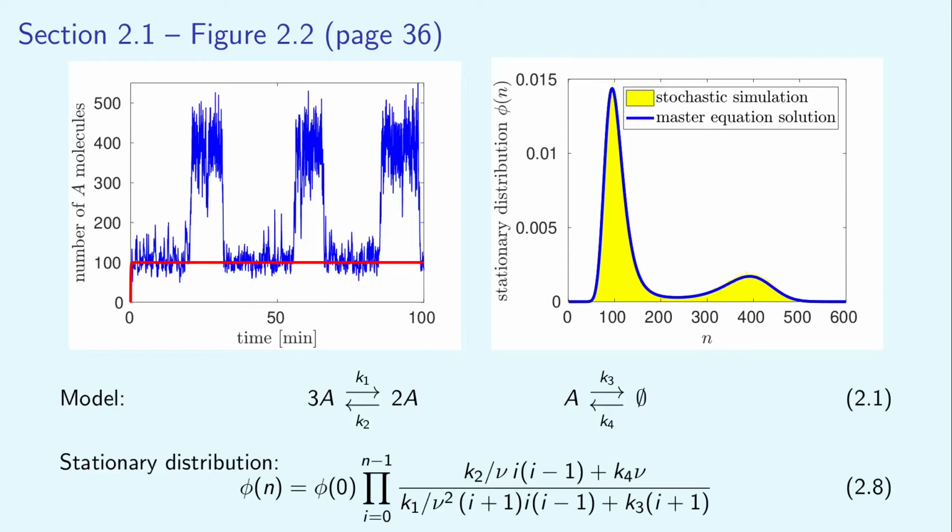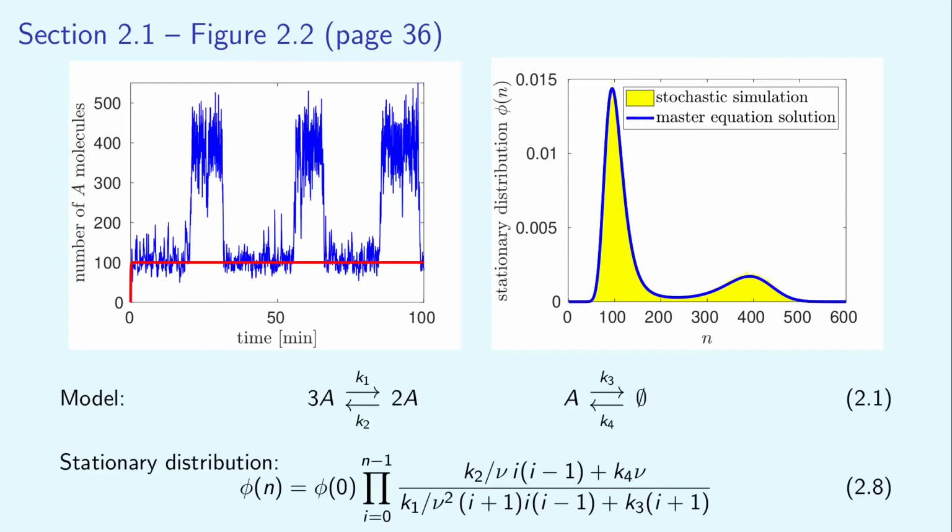This is not the same as recording the value of A after every reaction event, because reaction events happen more often when the system is in the state with 400 molecules than in the state with 100 molecules. Therefore, we should not be saving the number of molecules after each iteration of the Gillespie algorithm.